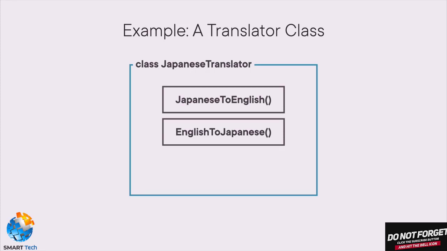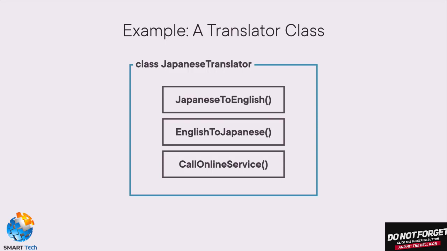And maybe these methods have a lot of work to do before and after calling the online service. Maybe they convert symbols from a Japanese phonetic system to Latin letters or the other way around. And then let's say that at some point they both call another method named CallOnlineService that does the lower level work of pushing the data to the online translation service and getting a response.